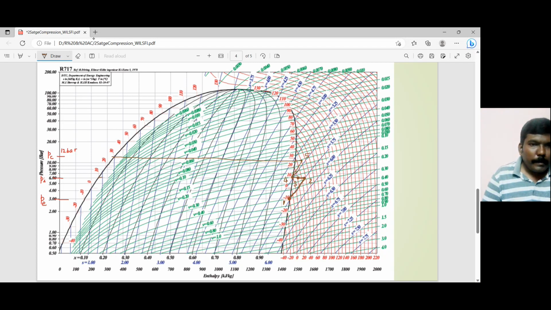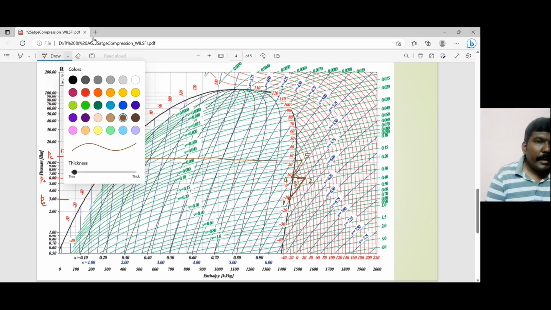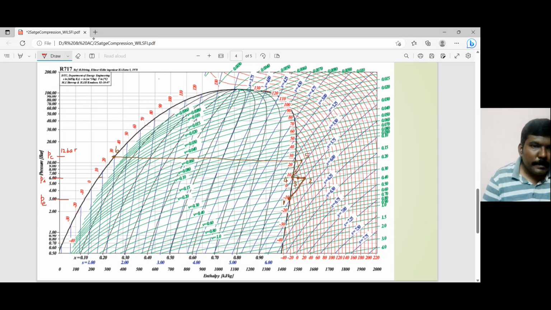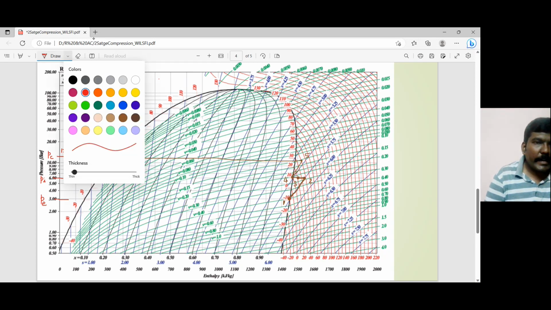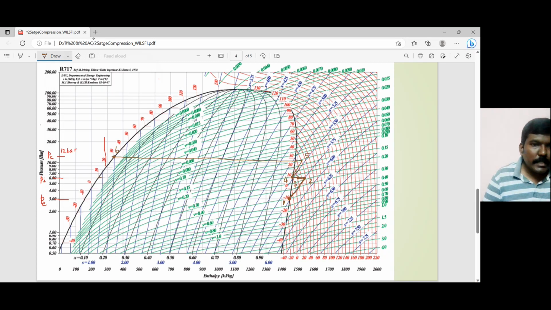Then on the condenser, I reach the saturated liquid line, which is point number 6. And then I also have the liquid subcooler, which is the 20 degrees centigrade line. As I have shown you, this is the 20 degrees centigrade line. So I should go up to this. So this is going to be my point number 7.